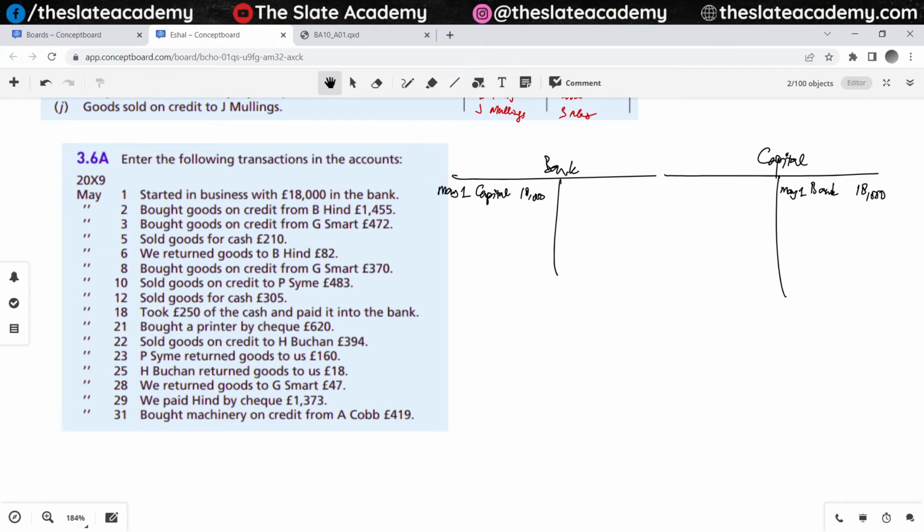Bought goods on credit from B Hind. Okay, goods on credit. Double entry is purchases debit, accounts payable credit. So purchases, here we go, purchases, and B Hind.